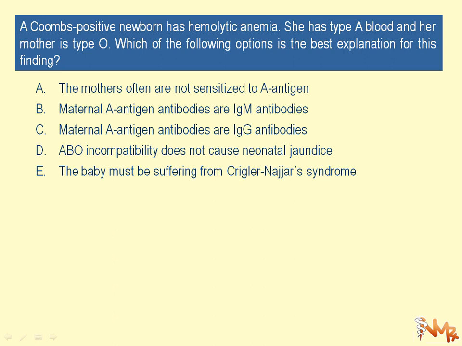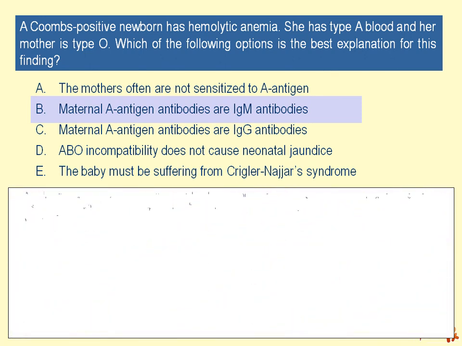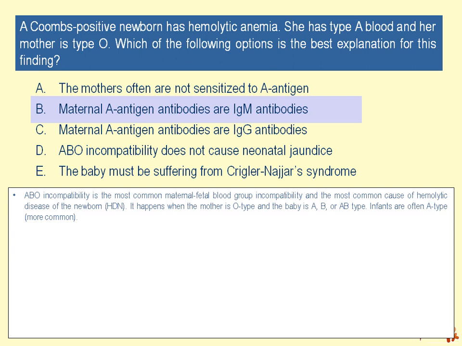Of course, in this particular case scenario, option E sounds silly. The best answer is maternal A antigen antibodies are IgM. I want you to know that ABO incompatibility is by far the most common maternal fetal blood group incompatibility, and it's the most common cause of hemolytic disease of the newborn, not fetus, newborn.